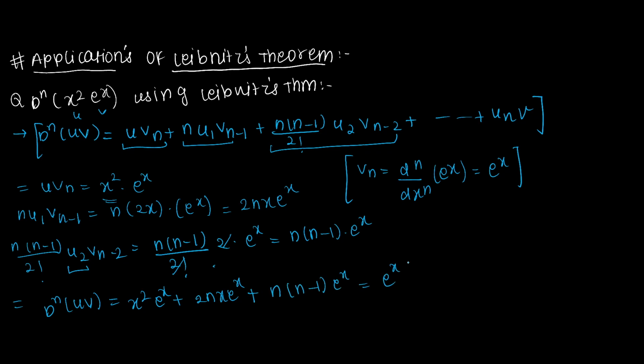Taking e power x common, I'll be getting x square plus 2nx plus n minus 1. And this is my final result for nth derivative of x square e power x.